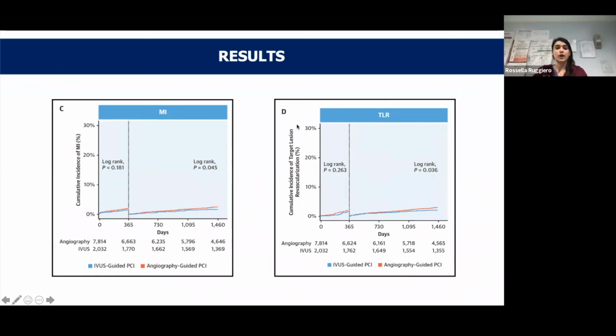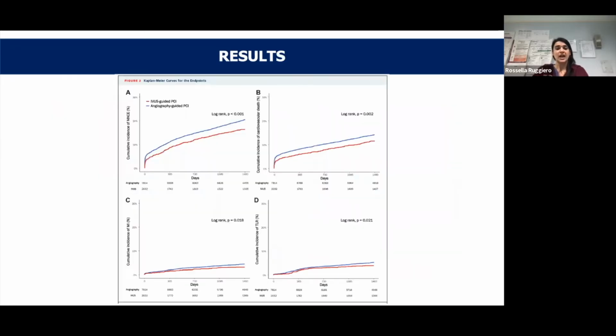By contrast, for MI and TLR, there was no difference within 1 year between the two groups, while from 1 year to 4 years, the groups started to diverge in the rate of events. In the slides, you can see the Kaplan-Meier evaluation of the presence of a significant difference between the two groups.